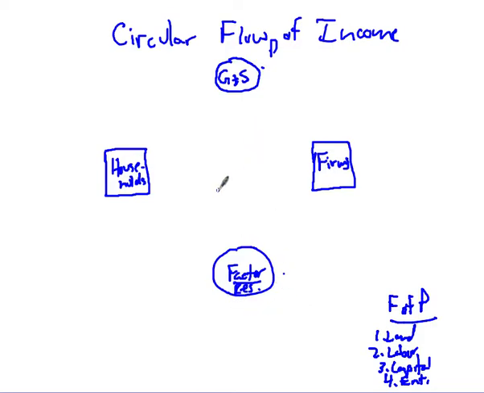So what we want to do is follow the money. The easiest way, I think, is to just look at you. So this is going to be you. What do you do with your money? Do you buy things in the factor market? Do you buy land, labor, capital, and entrepreneurship? Or do you buy goods and services? You as a household, we'll just use green since we're talking about money, you buy your stuff in the goods and services market.